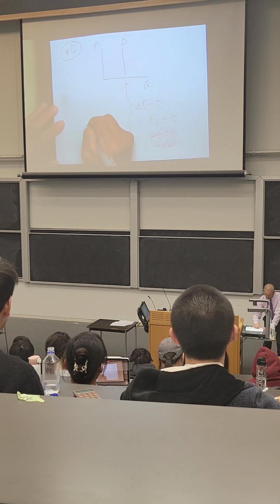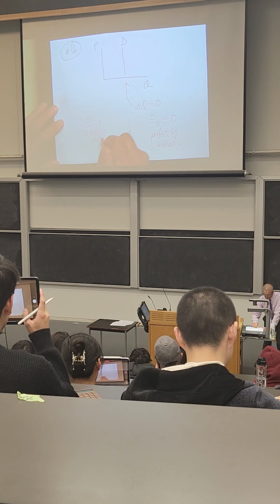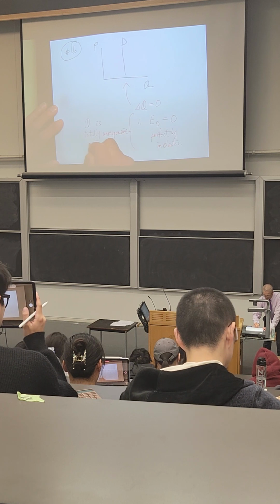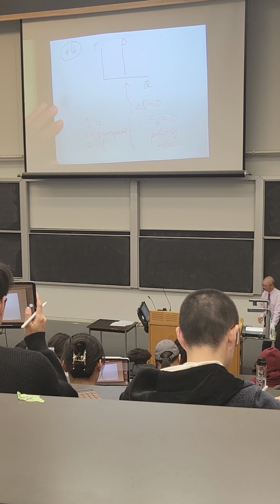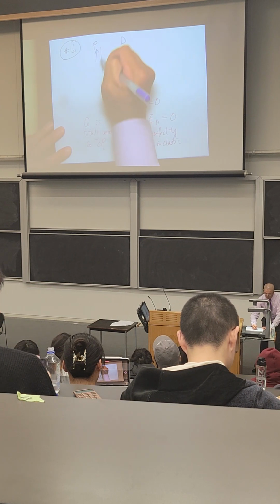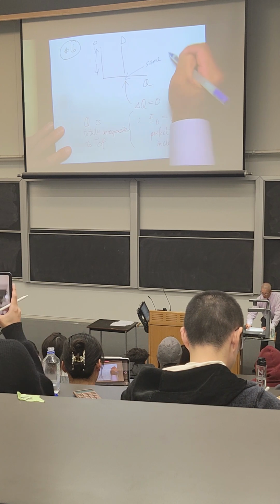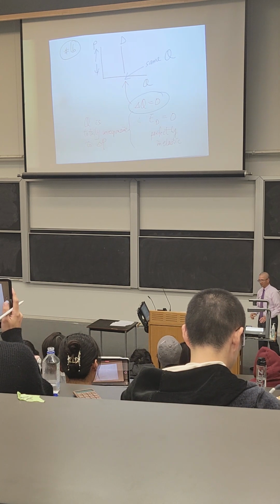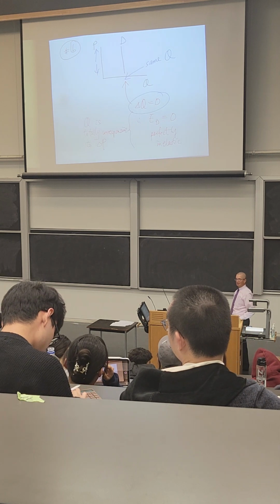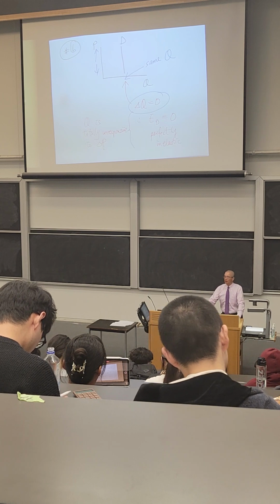Which implies the quantity is totally unresponsive to the change in price. When the price goes up or comes down, it's always the same quantity, no change. So that's why we call this kind of demand perfectly inelastic. The quantity does not respond to price change at all.